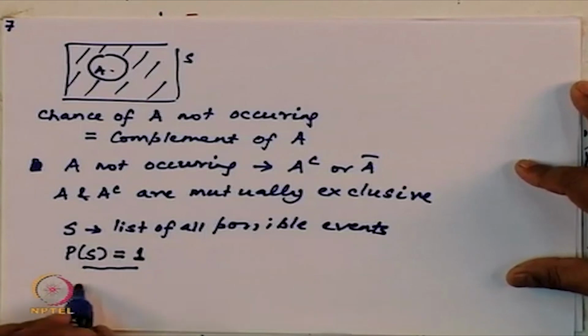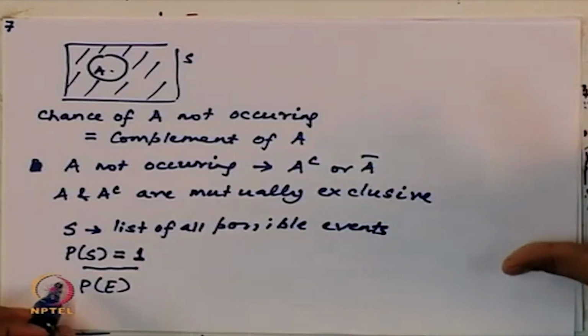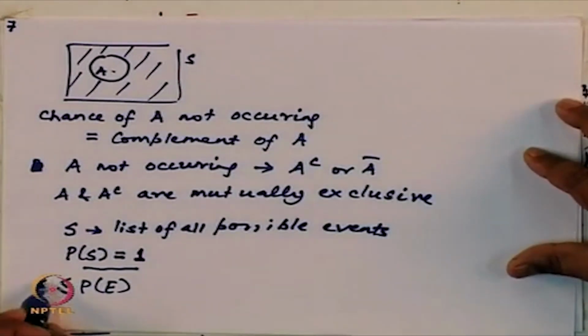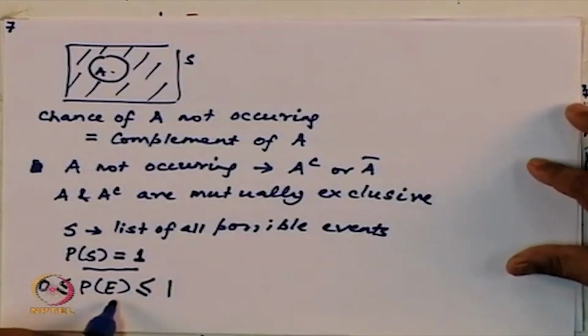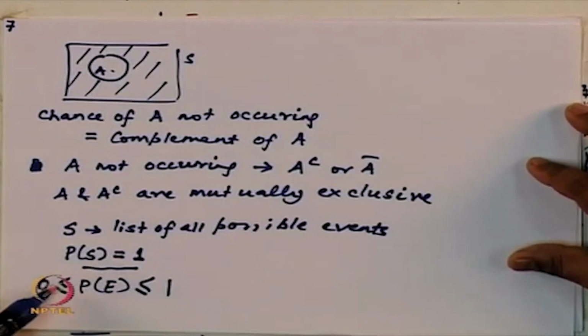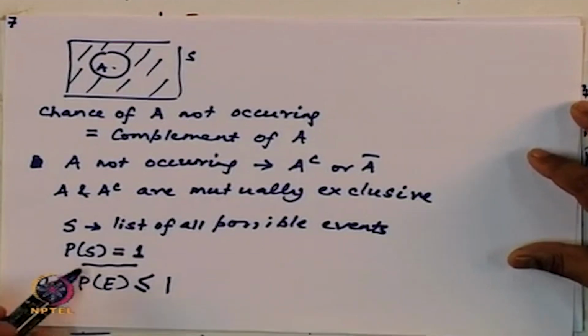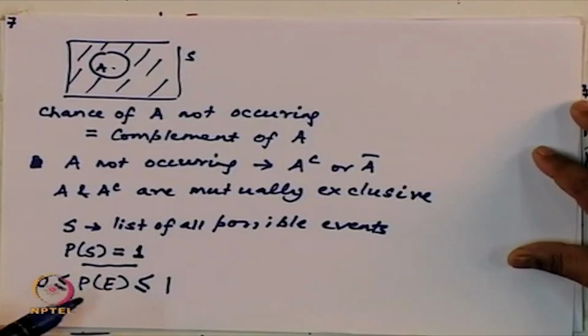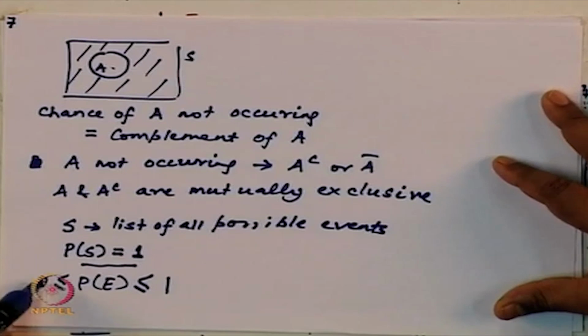In the generic case, the probability of an event E must fulfill one particular criterion: 0 is less than or equal to the probability of an event E, which is less than or equal to 1. When your event is the sample itself, the probability is equal to 1, that is the highest bound. If you define an event that does not occur under any case, then 0 is the probability.